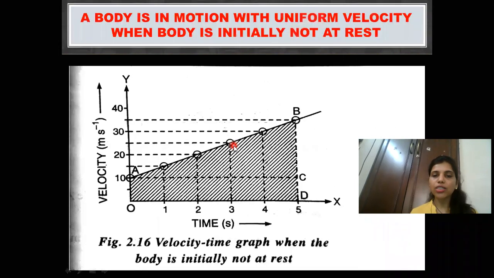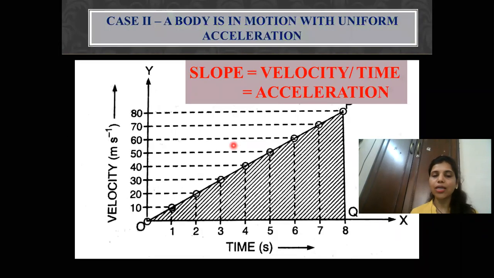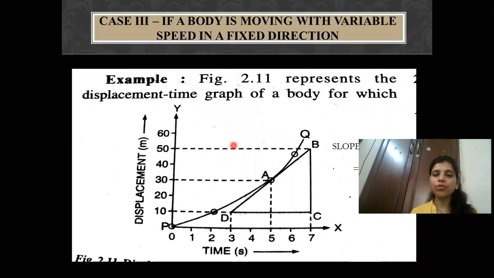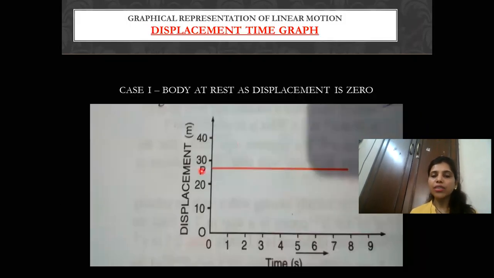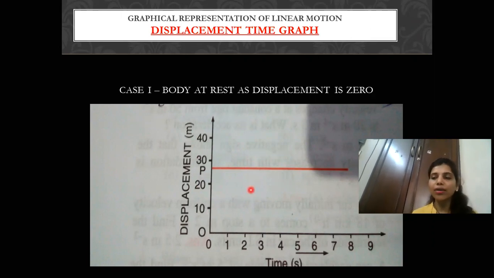So see, just will revise everything once again. As I told you before, if you are having displacement versus time, and if you're having a straight line, if you're converting this graph into velocity versus time, in that case, as you can see that velocity is not there, velocity is zero, so you can't convert because that particular graph you can't represent.